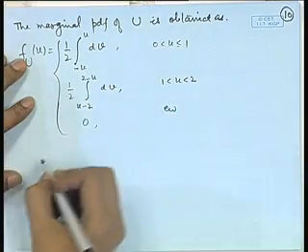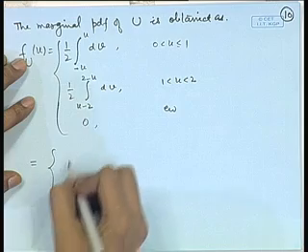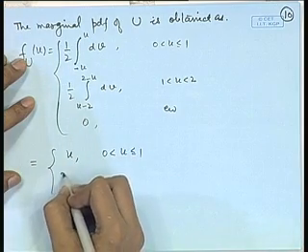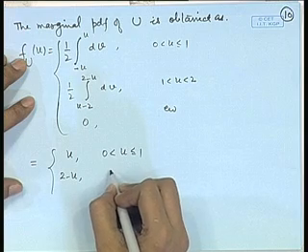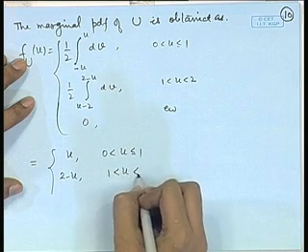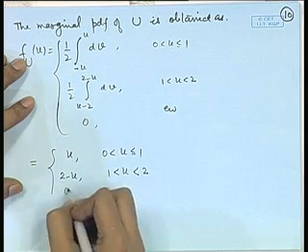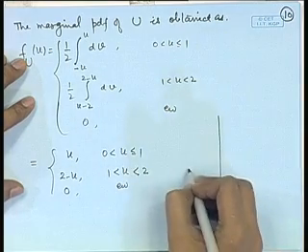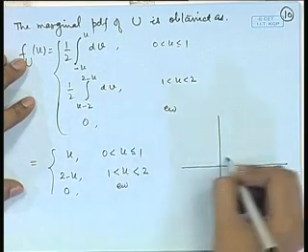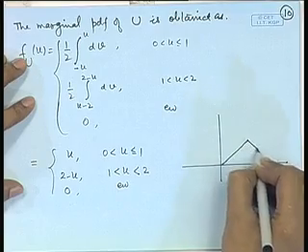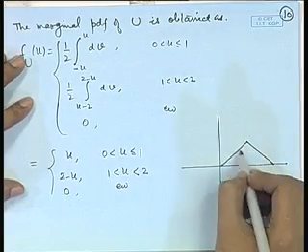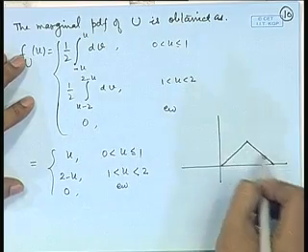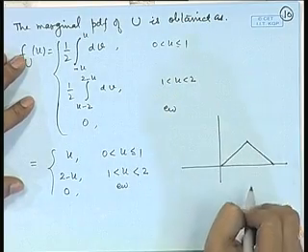So, after simplification, this turns out to be u for 0 less than u less than or equal to 1, it is 2 minus u for 1 less than u less than 2 and 0 elsewhere. Notice here this is a triangular distribution, 0 to 1 and 1 to 2. So, the distribution of the sum of two independent uniform random variables is actually a triangular distribution.